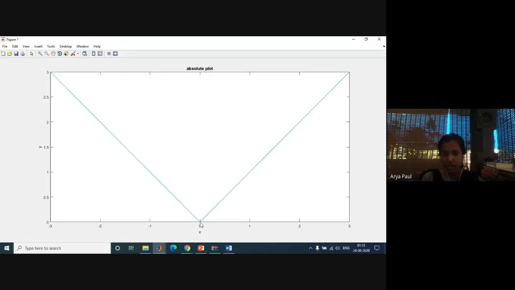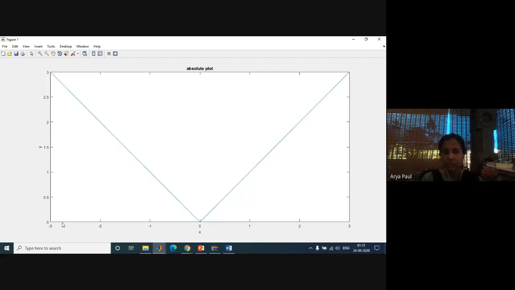For 0, what will be my y? My y will be 0. For value 1, my y value will be 1. For value 2, my y value will be 2. For x equal to -1, what is my y? The y value will be positive 1. For -2, what will be my y?